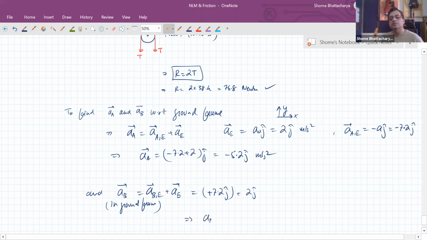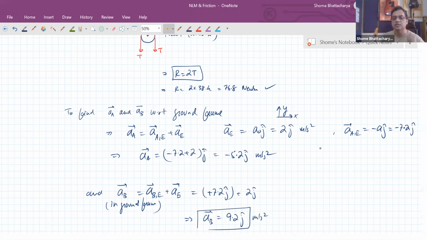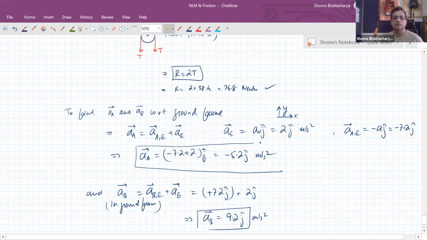So acceleration of B in the ground frame becomes 9.2 j cap meters per second square. So in the ground frame, it looks like B is going up at 9.2 and A is coming down at 5.2. Okay, but in the elevator's frame, they have the same magnitude of upward and downward acceleration. So this is how we can incorporate the concept of pseudo force in a non-inertial frame and proceed this way.